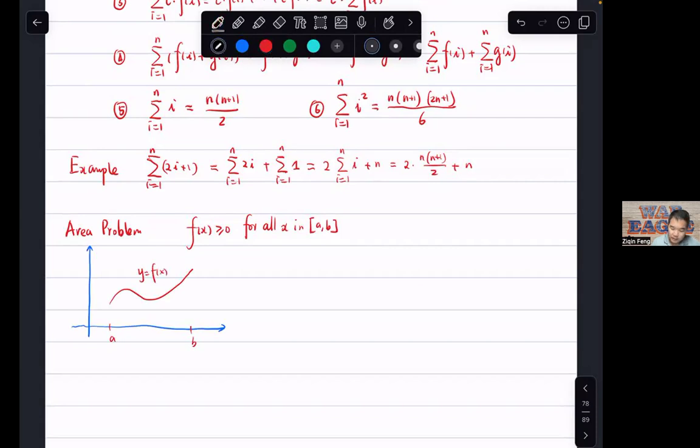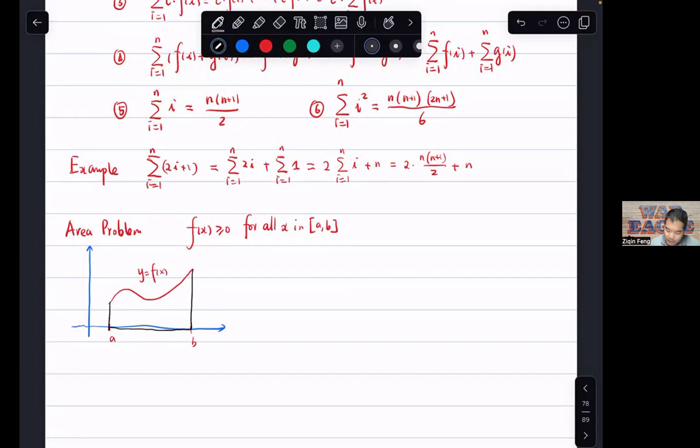Now look at the lines x equal to a, x equal to b, and y equal to 0, which is our x-axis here. So there are 4 lines here, and 3 lines together with a curve enclose a region. A region will be enclosed by this curve and these 3 lines.